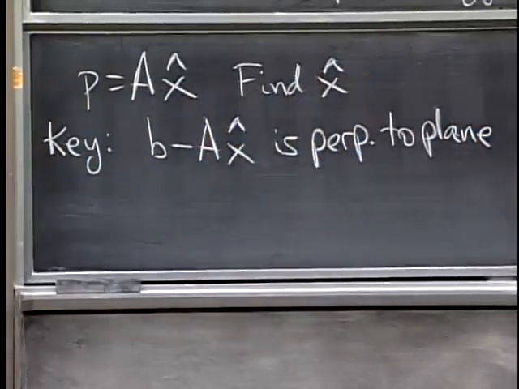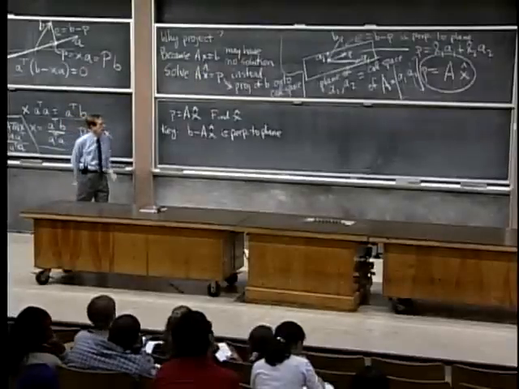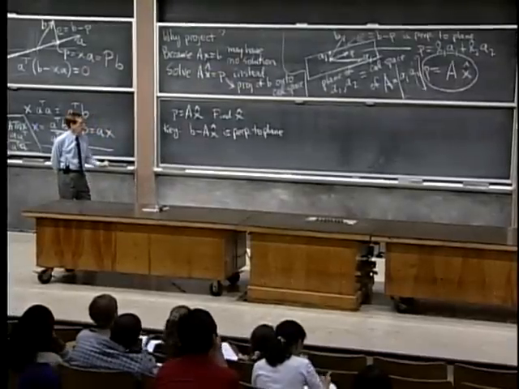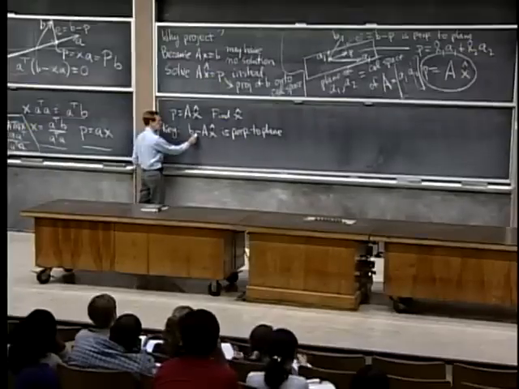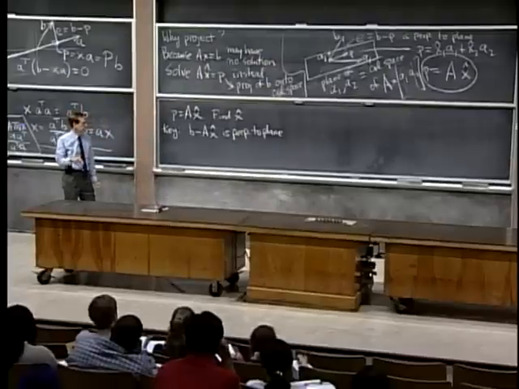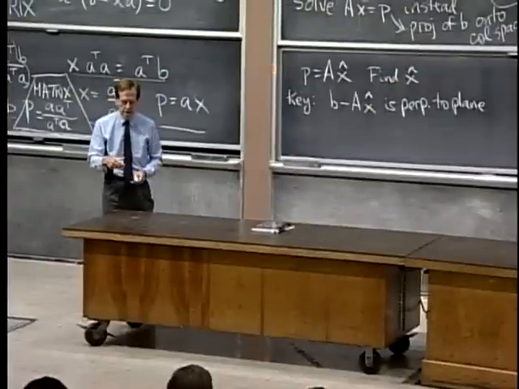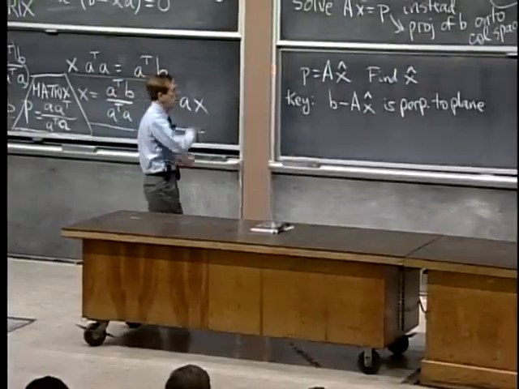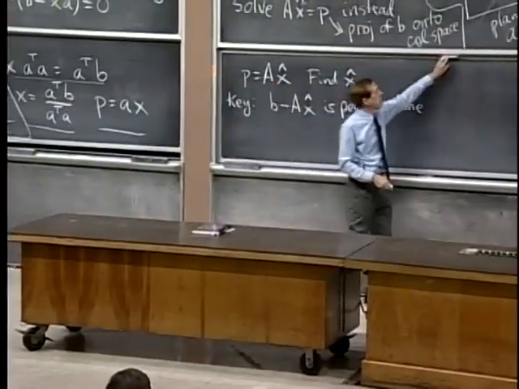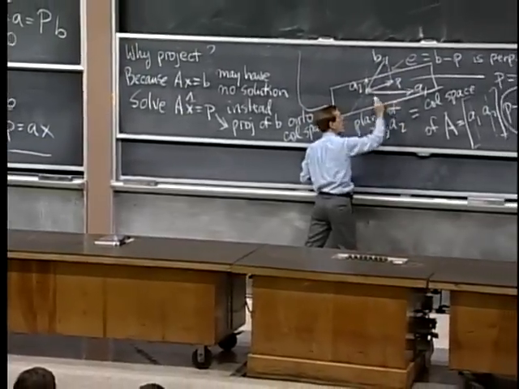That's got to give me, well, what am I looking for? I'm looking for two equations now, because I've got an x1 and an x2. And I'll get two equations, because this thing, E, is perpendicular to the plane. So what does that mean? I guess it means it's perpendicular to A1 and also to A2, right? Those are two vectors in the plane. And the things that are perpendicular to the plane are perpendicular to A1 and A2.